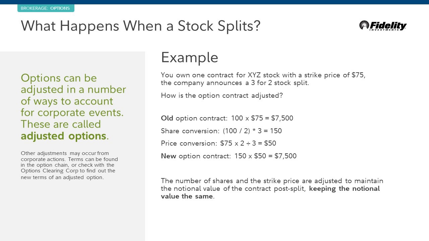And we do, of course, have an example here that's a little more complex. One thing I want to address before we dive into this is a more simplistic example. Generally, with options, with a stock split, if you have a $100 stock and it goes for a 2-for-1 split, beforehand you might have had one option with a $100 strike, and after the split, you're going to wind up with two options with a $50 strike.